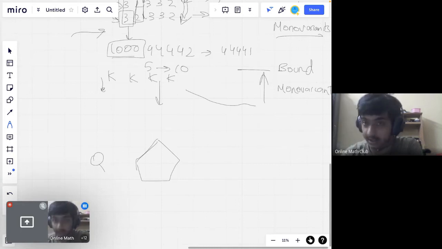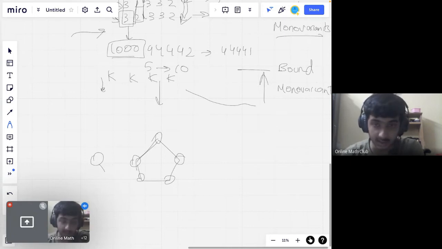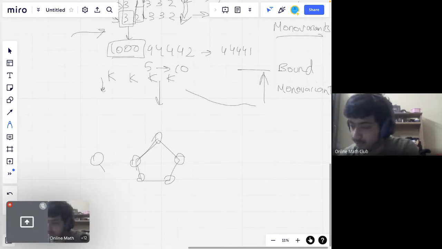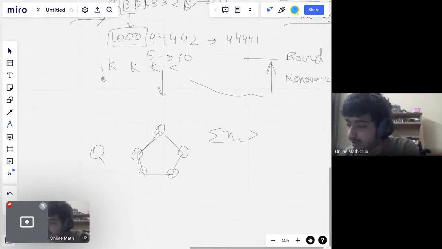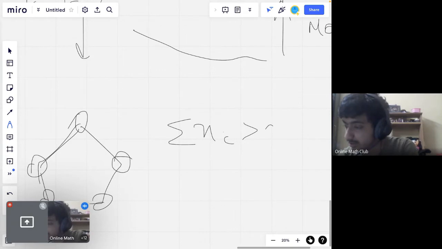You have a pentagon, and on each vertex of the pentagon you assign an integer, such that the sum of all the 5 integers is greater than 0.